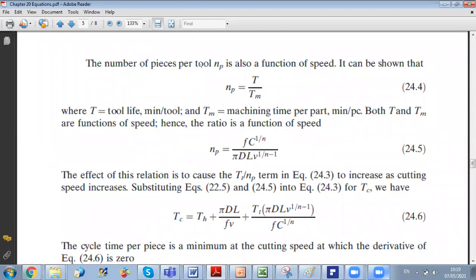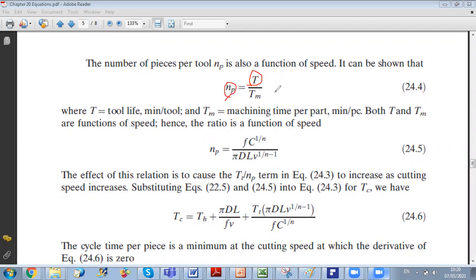To do so, you know that the number of pieces per tool is a function of the speed and can be written as shown. You know that the tool life can be calculated using the Taylor equation. If we know the number of pieces we can produce during the tool lifetime, then we can relate NP and T through the following equation: the number of pieces produced is equal to the tool life over the machining time per part.